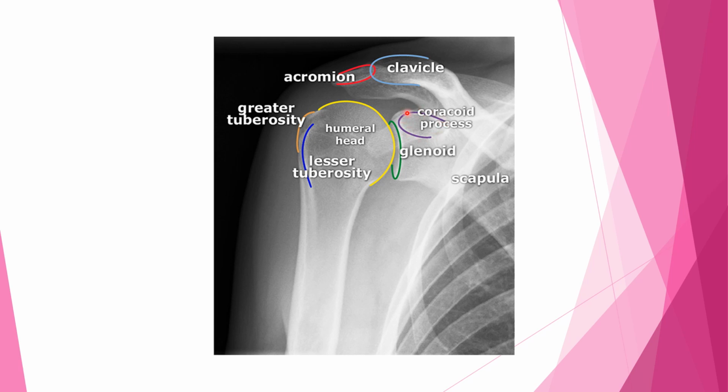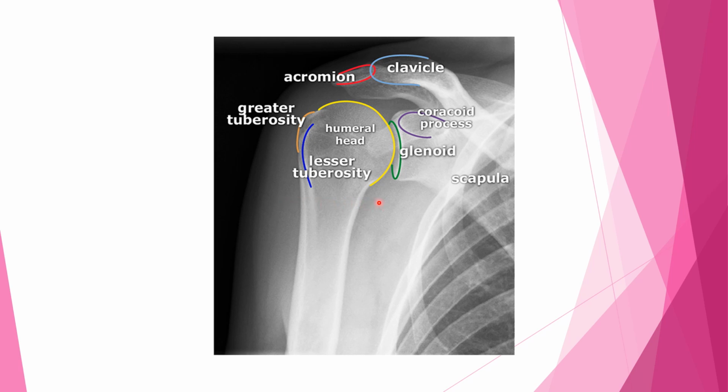The coracoid process is on the scapula; on the ulna, we have the coronoid process. You've got the glenoid cavity right here. This is the scapula. And then you've got the lesser tuberosity right here, this blue line, and the greater tuberosity is this orange line. And then you've got the humeral head right here. Right here would be the anatomic neck, and then the surgical neck would be down here.